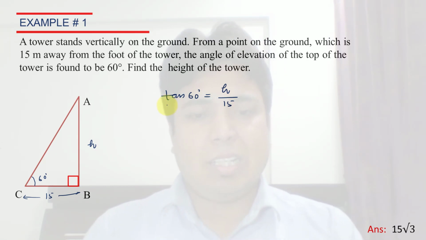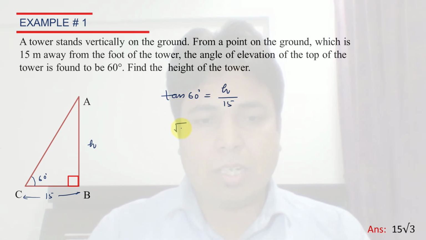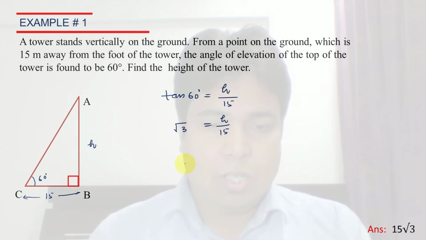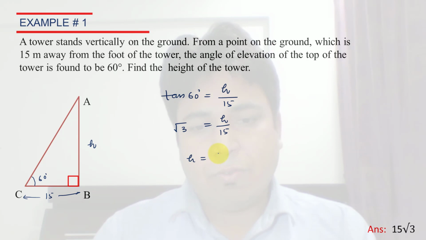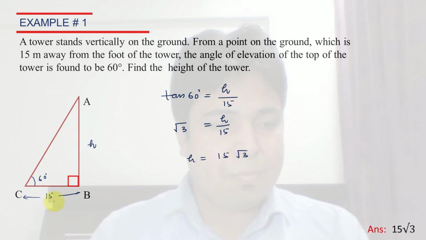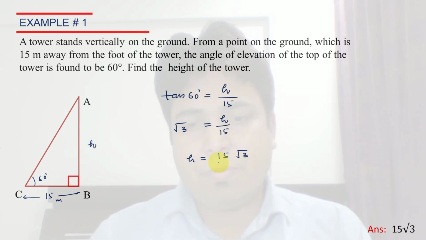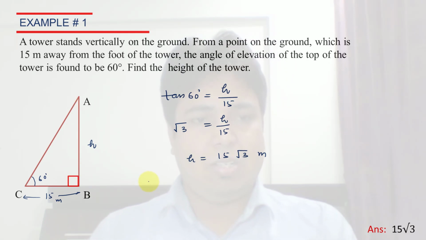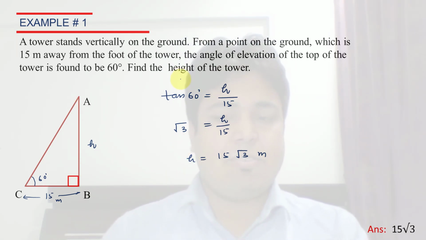And we know that tan 60 is equal to root 3. So this becomes root 3 equal to h upon 15. So h is equal to 15 root 3. Since base is in meter, the height will also be in meter. So 15 root 3 meter is the height of the tower, and this is the answer for this question.